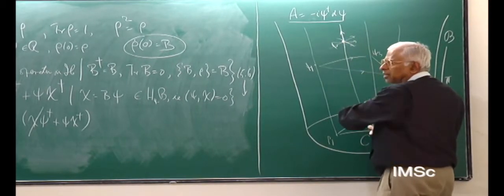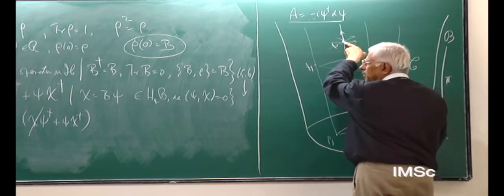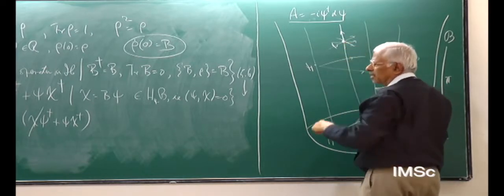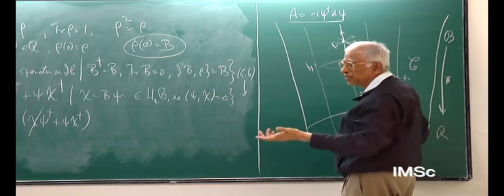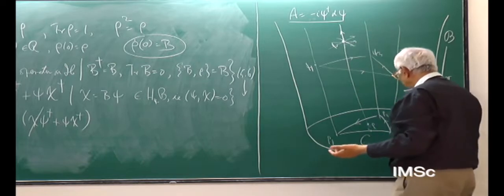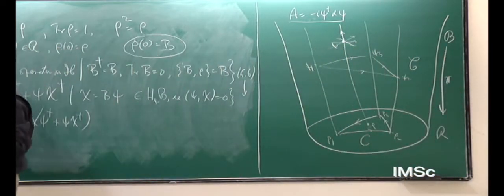The two are one-to-one related. Remember, what is the dimension of all such chi? In the complex sense, it is n minus 1, the orthogonal complement of psi. This is a complex space of complex dimension n minus 1.